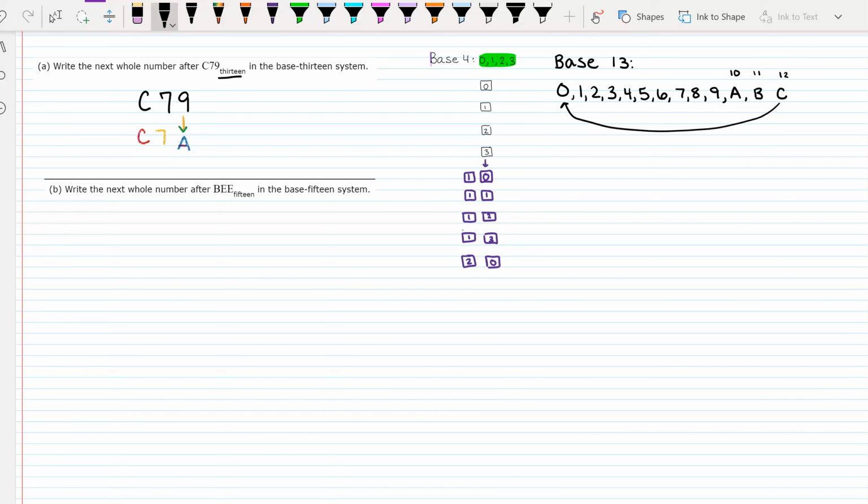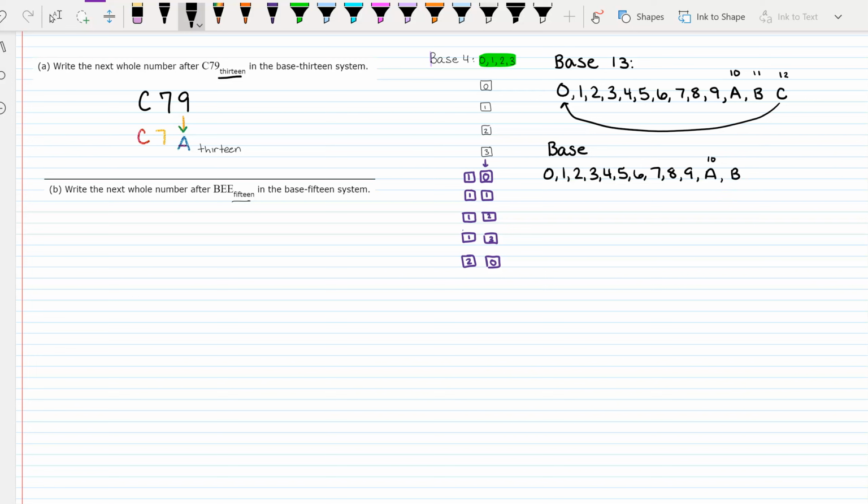So this next one is base 15. So what are my allowed digits? I get 0, 1, 2, 3, 4, 5, 6, 7, 8, 9, and not 10, sorry, I can't write 10, that's two digits. I need a single digit to represent that idea, so I'm going to call it A. That represents the idea of 10.